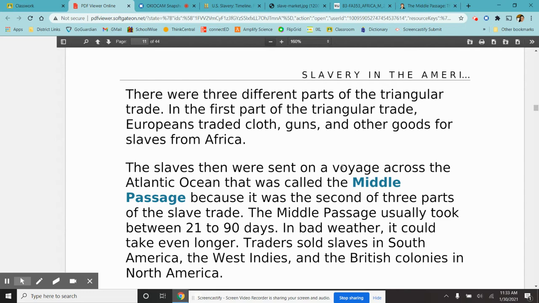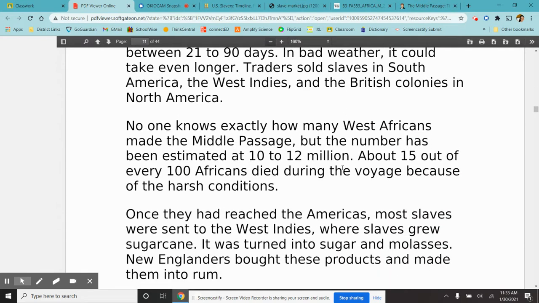Traders sold slaves in South America, the West Indies, and the British colonies in North America. No one knows exactly how many West Africans made the Middle Passage, but the number has been estimated at 10 to 12 million. About 15 out of every 100 Africans died during the voyage because of harsh conditions, and we'll read about that after this. Once they had reached the Americas, most slaves were sent to the West Indies, where slaves grew sugarcane.